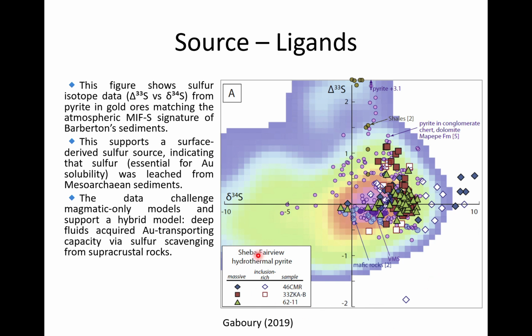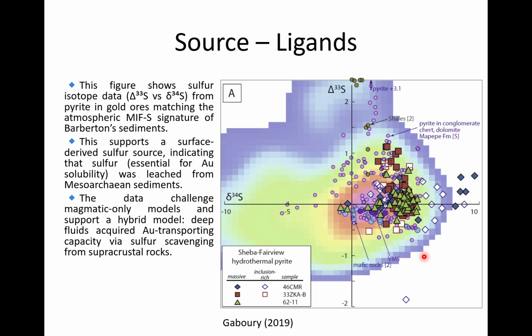And the implication from this figure is that since the sulfur has a clear atmospheric mass-independent fractionation signature, the fluids that carried gold must have leached sulfur from surface-derived rocks, especially those bearing diagnostic pyrite or barites. Therefore, sulfur was essential not only for gold transport, but also diagnostic of source rocks.